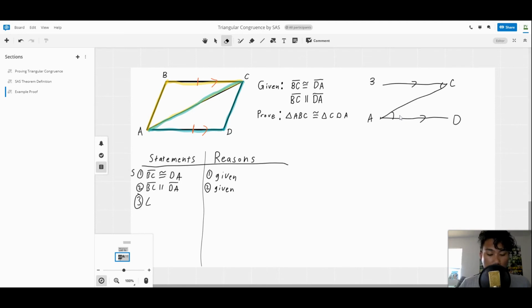Angle BCA is congruent to angle CAD. Right? So that gives us 2 out of the 3 statements that we need. We have a side, now we have an angle, right? And for the reason number 3, they are congruent because of the alternate interior angles theorem.